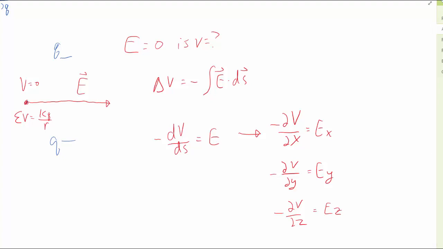But I want you to understand the relationship between an electric field and a voltage: in one direction it's an integral, in the other direction it's a derivative. A lot of times people will use the voltage idea to figure out energies, like we just did in the previous problem. Voltages are also really powerful because sometimes it's not that hard to calculate a voltage.